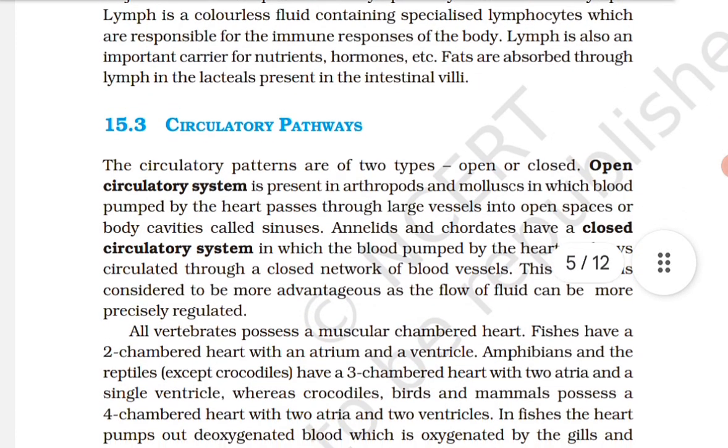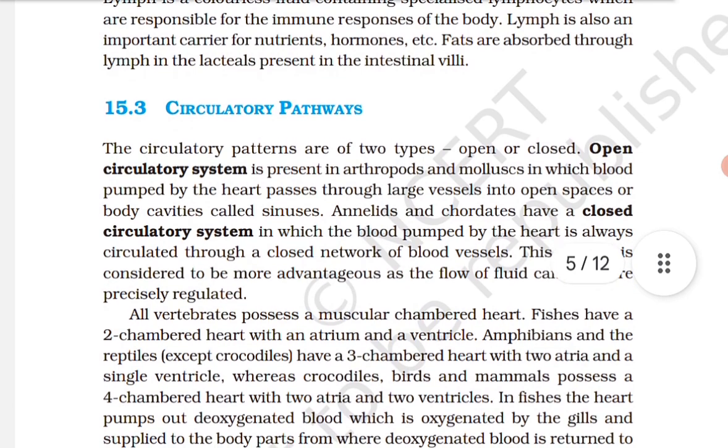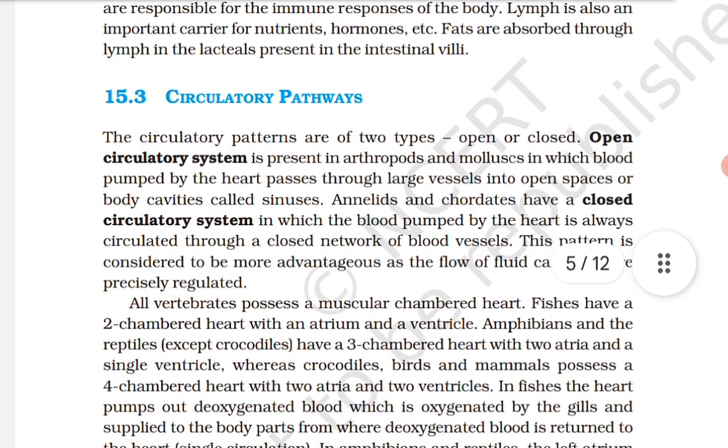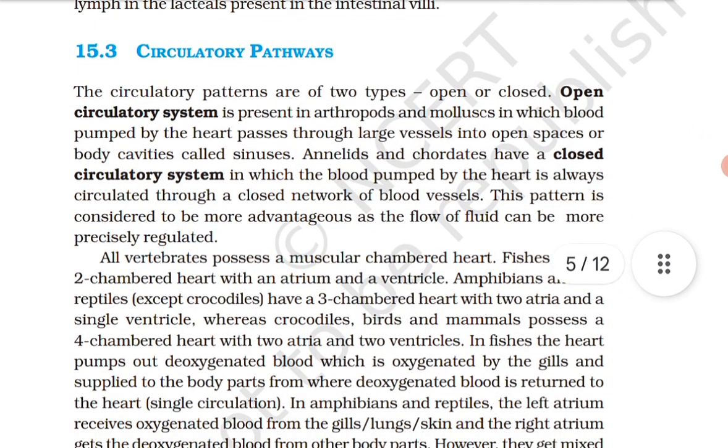An injury or a trauma stimulates the platelets in the blood to release certain factors which activate the mechanism of coagulation. Understood?